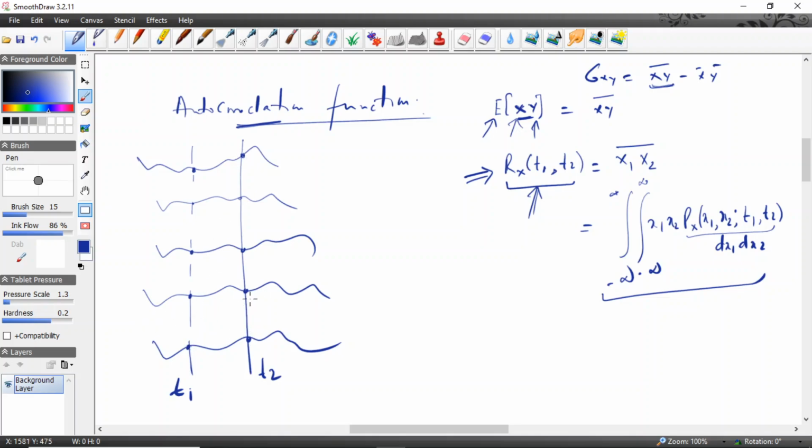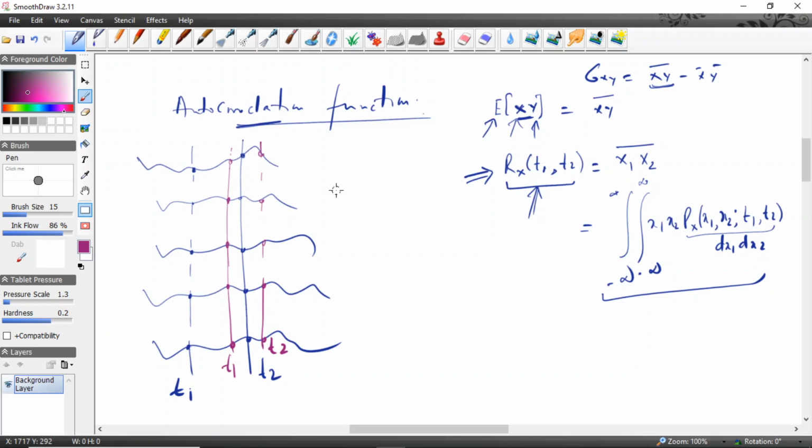And this t1 and t2 can definitely be anywhere on the time axis. Like suppose this is t1 and this is t2. So this will generate one random variable and this will generate another random variable. Then to find the autocorrelation, I need the joint PDF of these two random variables generated at time instants t1 and t2.